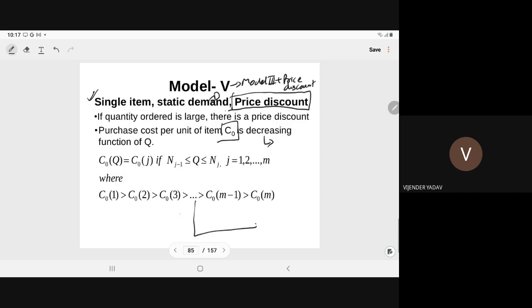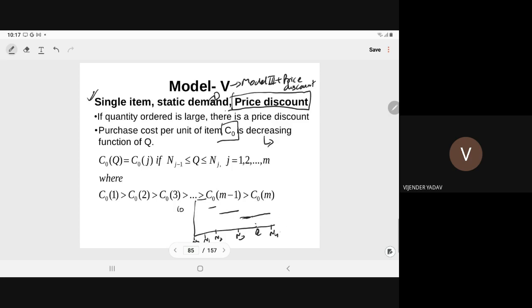Let's say this is C naught and this is the quantity, with breakpoints n naught, n1. So this is the cost for this range. Then for n2, it is this cost. For n3, we have this cost. For n4, we have this cost.